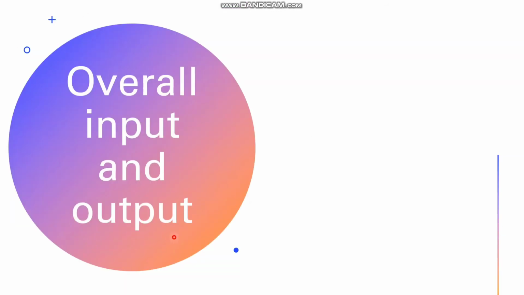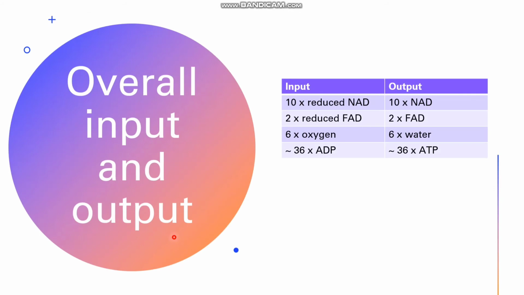So what are our overall inputs and outputs? So we know we started off with 10 reduced NAD and 2 reduced FAD, and these were created from the previous stages of respiration. And because we oxidize both of these, we lose hydrogen. We form 10 NAD and 2 FAD.